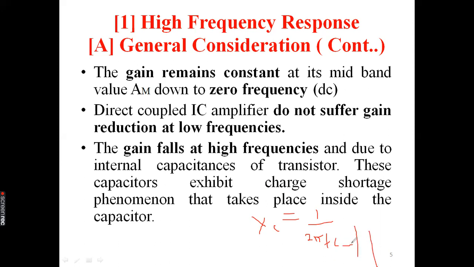Even though we are not physically connecting a capacitance in the circuit, due to the internal junction capacitances, the capacitors will appear as a short circuit. The two plates will be shorted together, and because of that the charge shortage phenomenon takes place. This will decrease the gain, which will be reflected at the output also.